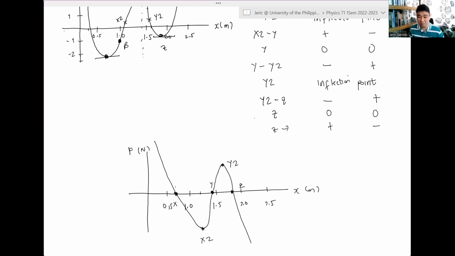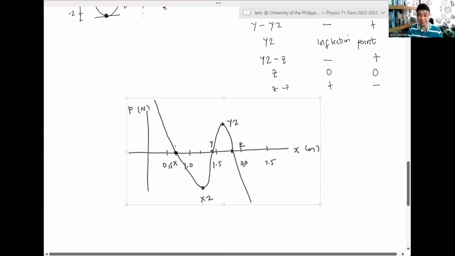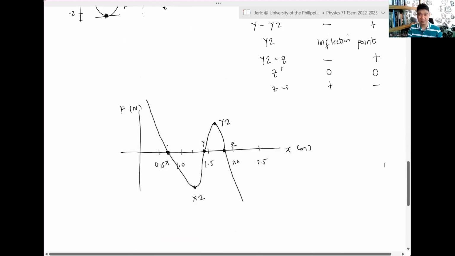Bumalik, dumiretso kay 0, which is Y. Na-locate ulit sa inflection point, nag-change ng direction, and nag-negative ulit. So, ganyan yung force as a function of position. Did you get this plot here? Questions? May tanong ba?